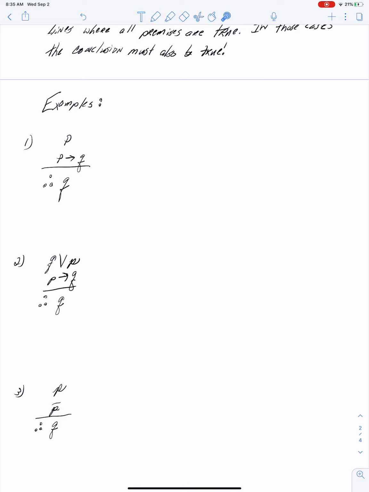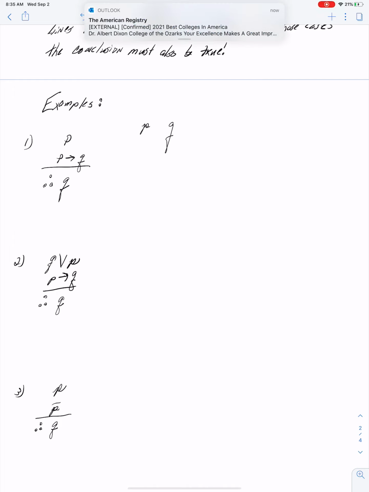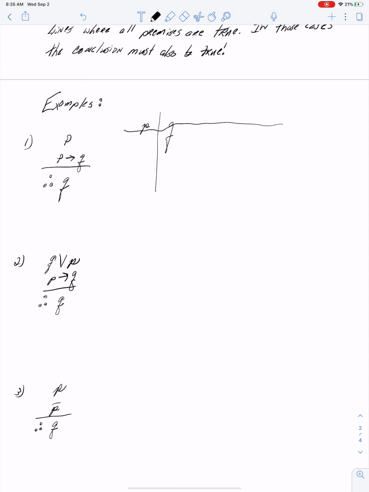This is written symbolically, and you can pick your own choices of P and Q. So let's run a truth table on it, and let's see if this argument is valid. All right, so I have two conditionals that are independent of one another. I have P and I have Q. And now I have to have all my premises, so P implies Q, that's a premise. Another premise is P, and the conclusion is Q, so these are the only three columns I need.